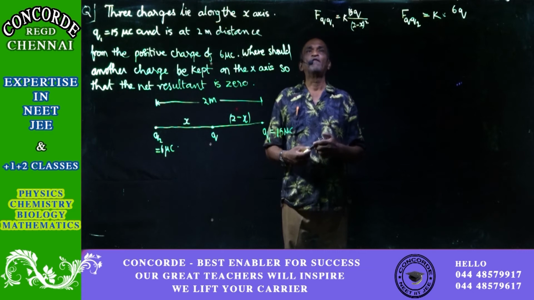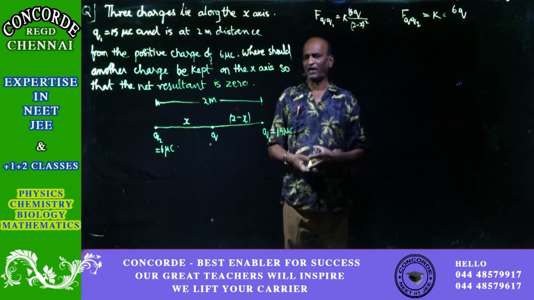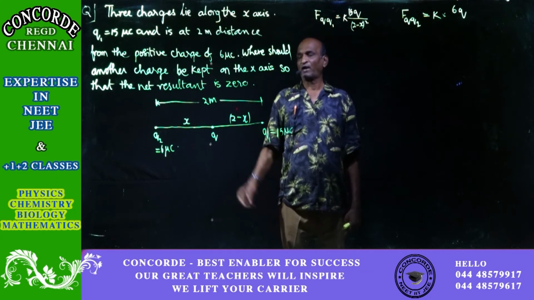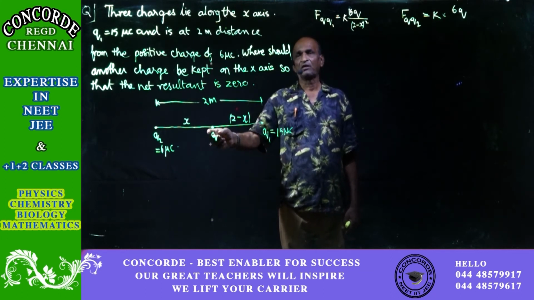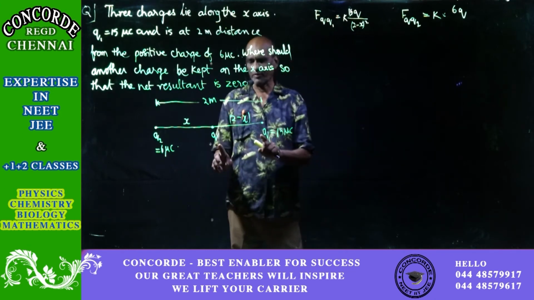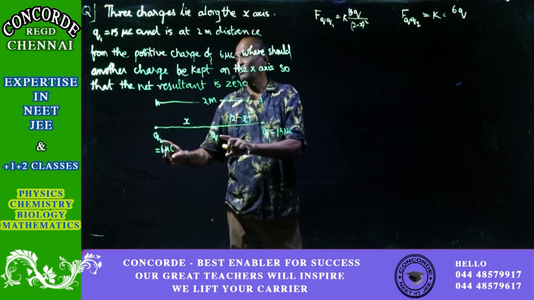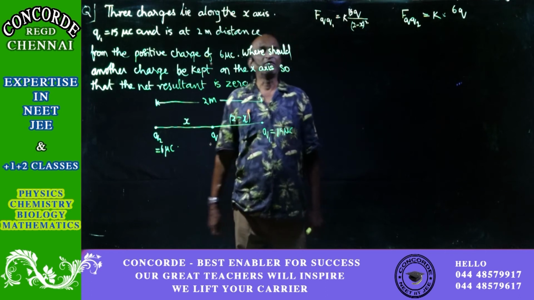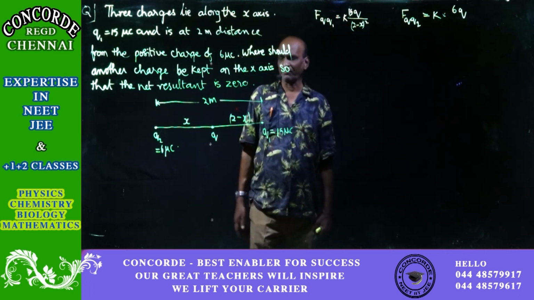So then, the first charge is equal to 15 microcoulomb, and we have to keep a charge in between, because of which there is equilibrium. That is, the force because of Q1 Q and Q2 Q should balance, should cancel out. Whether you keep a positive charge or a negative charge.